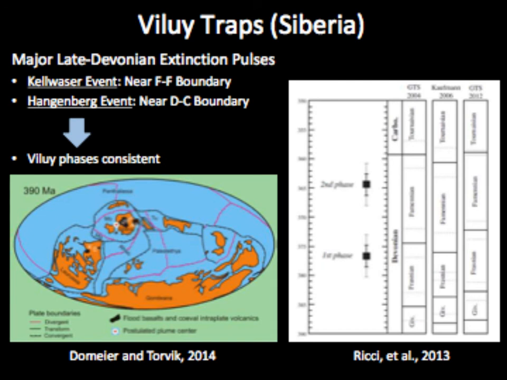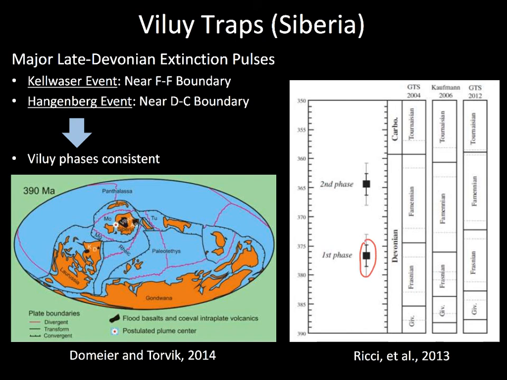Here's cross-sectional evidence supporting that. They're using zircons from the deposits of the Viluy Traps to date the two distinct phases of this supervolcanism, and they're labeling phase 1 there in the rock record and phase 2. This is just a big pie slice of the Earth here.